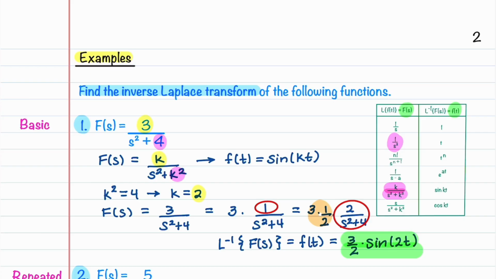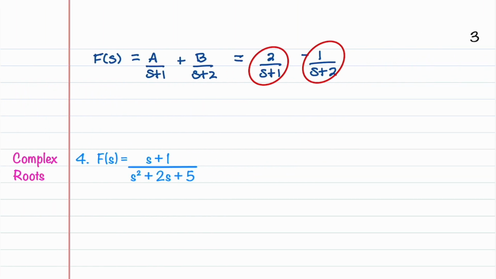In our table, we have 1 divided by s minus a, and the inverse Laplace transform of this is e to the at. So that's the formula we're going to use. Let's write that down. If capital F of s is equal to 1 over s minus a, then the inverse Laplace transform gives us f of t is equal to e to the at.